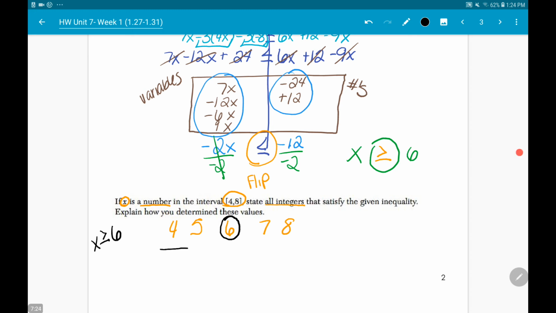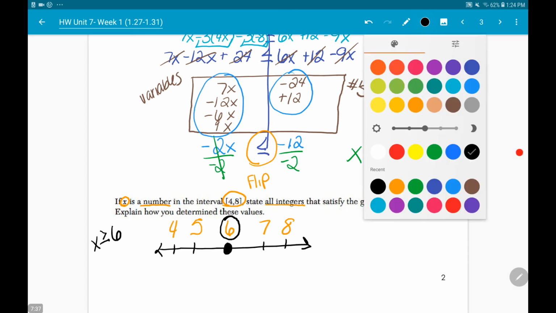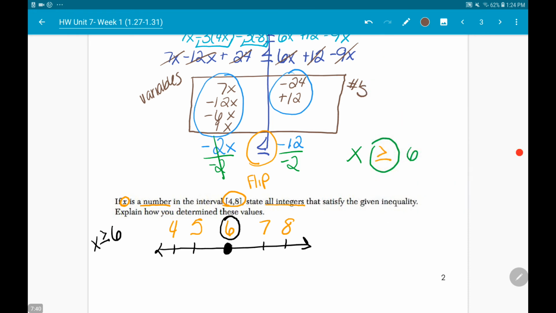I'm going to drop a little number line underneath this so we can see it visually. At 6, I'm going to put a closed circle because we're including 6, since it's greater than or equal to. And I'm going to shade everything greater than 6, so that's 7 and 8.